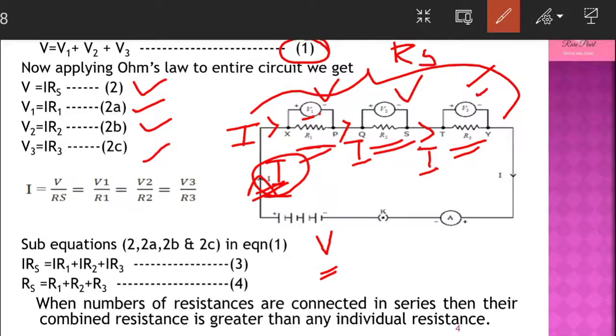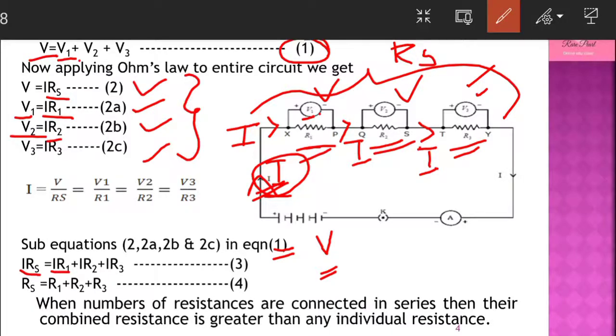All these expressions we have to substitute in equation 1. When I substitute, I into Rs gives IRs, V1 is equal to I into R1, so we substitute that here.